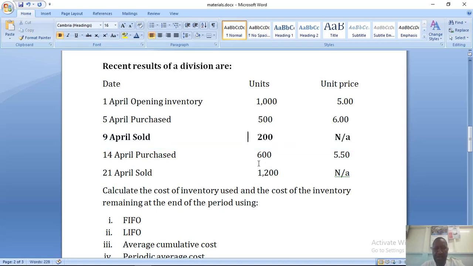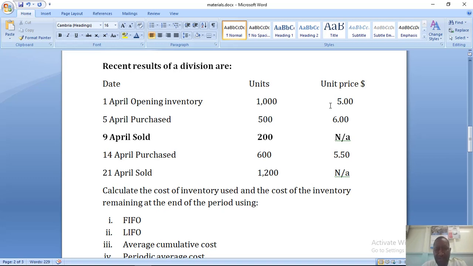Following FIFO, first in, first out, these 200 units will come from the earliest consignment received. The earliest consignment that we have here is the 1,000 units that is part of the opening inventory, and the value of those units is $5 per unit. That's the unit price, $5. Of course, you can put this in dollars.